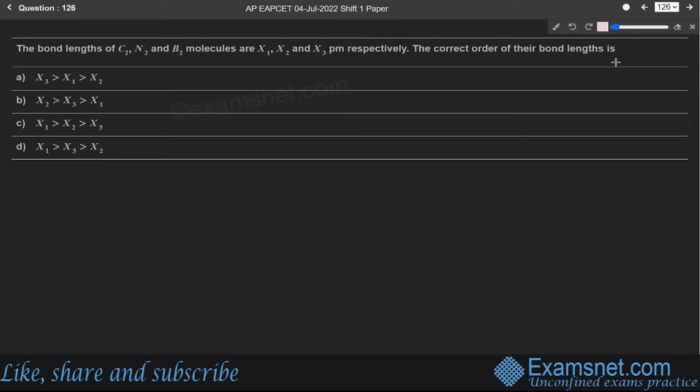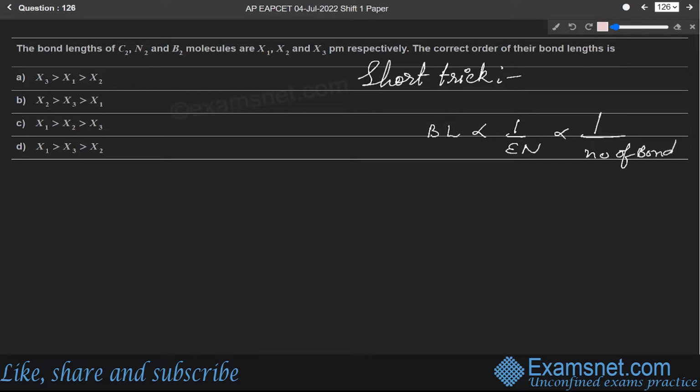When you talk about bond length, I am telling you one short trick, by which you can solve every question. The short trick states bond length is inversely proportional to electronegativity, and inversely proportional to number of bonds. If the question states bond length and electronegativity, you can solve it. If it talks about bond length and number of bonds, then also you can solve it. Okay, so this is pretty easy.